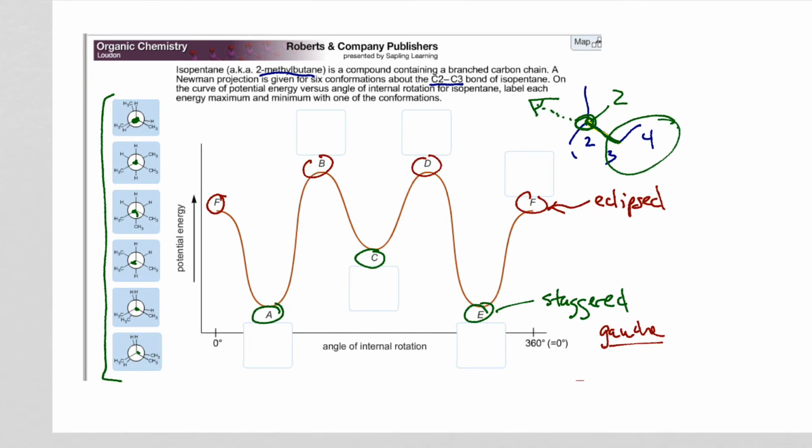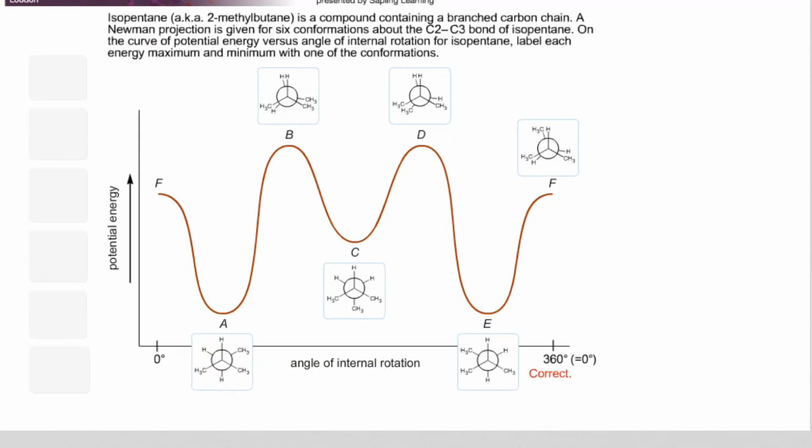And that rotation, that angle of rotation, gives you all the different conformers that have all the different potential energies. So hopefully you built a model for your 2-methylbutane, and as I said, you rotated this back carbon and kept the front carbon still.